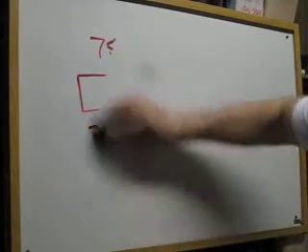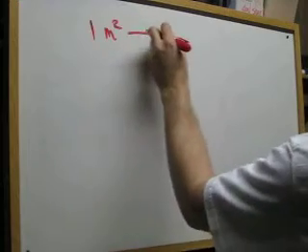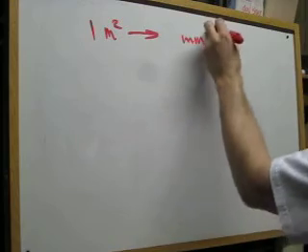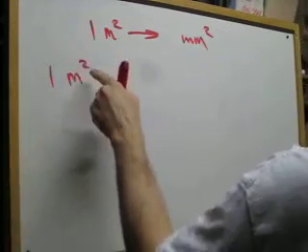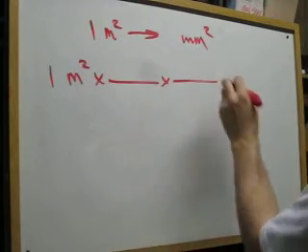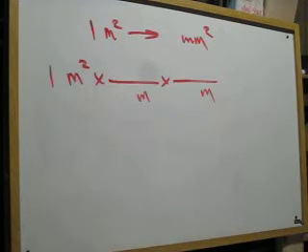Alright, so let's look for just a minute at some metric units. Area, the metric system, page number 582, example 6. They're giving us 1 square meter, and they want to convert that to millimeters, and not only millimeters, but square millimeters. So we're going to put our 1 meter squared and see how there's a 2 there, so we get an X, a line, an X, a line. Alright, so we put a meter, meter. Now, as far as length is concerned, what do we know about a meter?